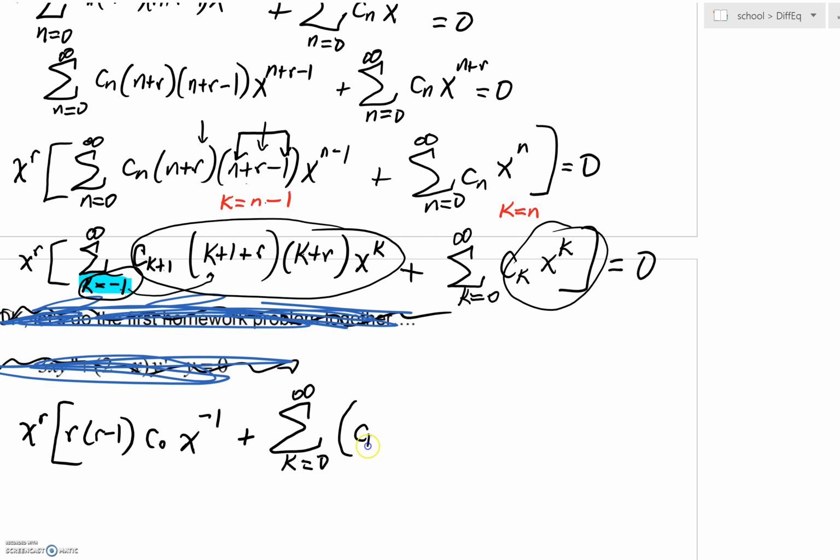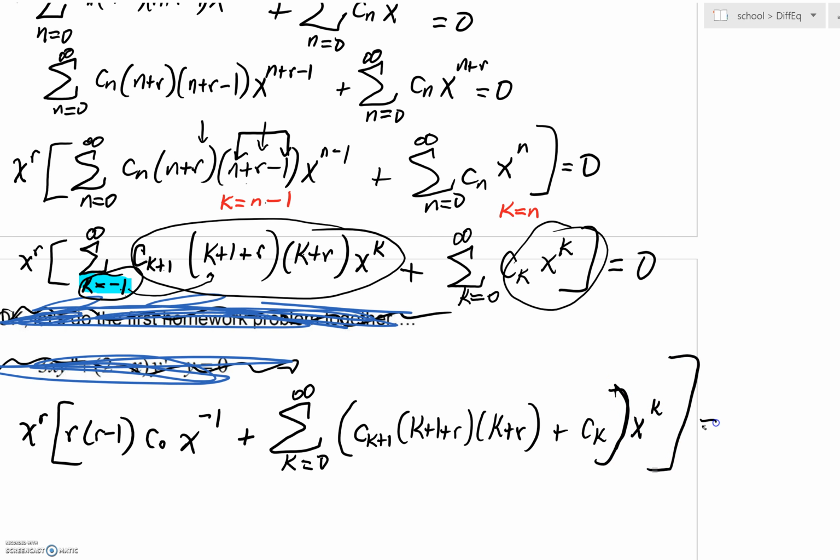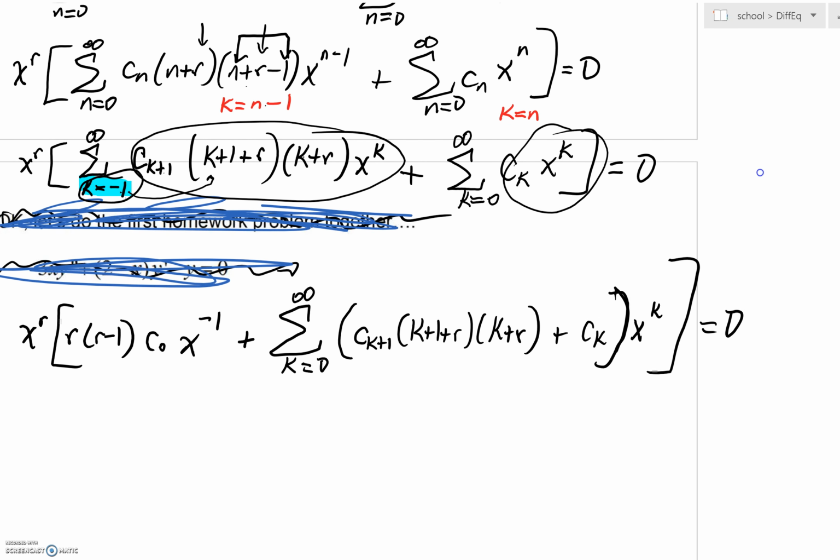So we'll have our c sub k plus 1, here's a k plus 1 plus r and a k plus r. And then I'll even say plus c sub k. And you could even put these brackets right here and say here's your x to the k. And there you go. You're able to really join all that into one summation, and it looks so much better.